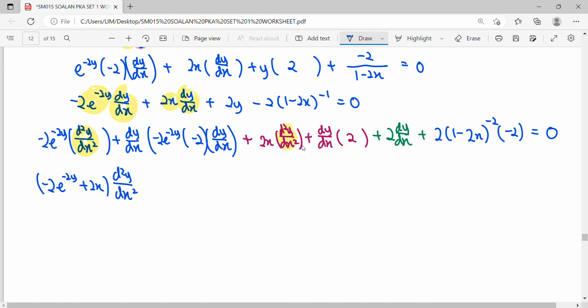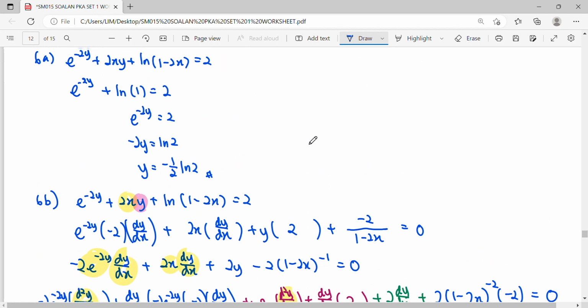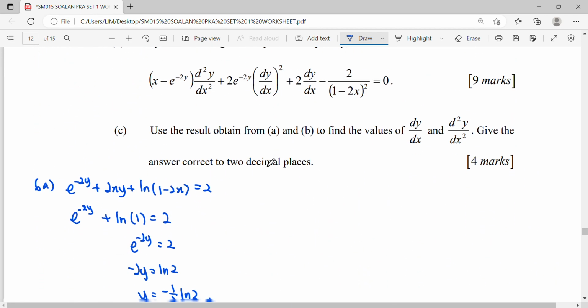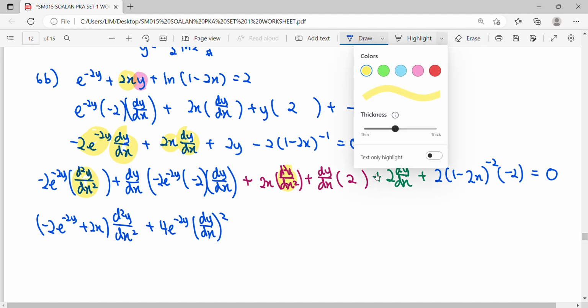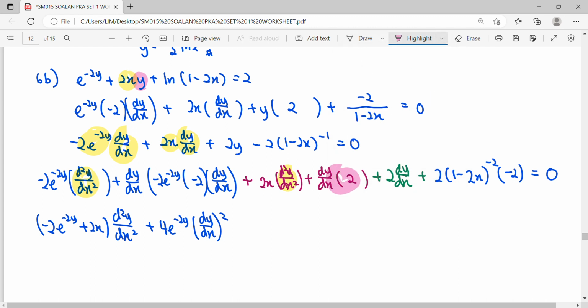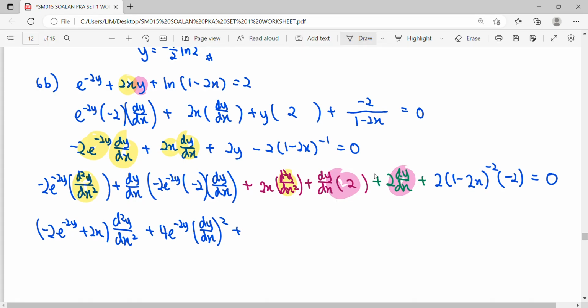Then the second term is about (dy/dx)². So (dy/dx)² only has this term. It just simplifies, negative 2 will become positive 4. Then continue, the term involving dy/dx, obviously we have 2 dy/dx, in total we have 4 dy/dx.